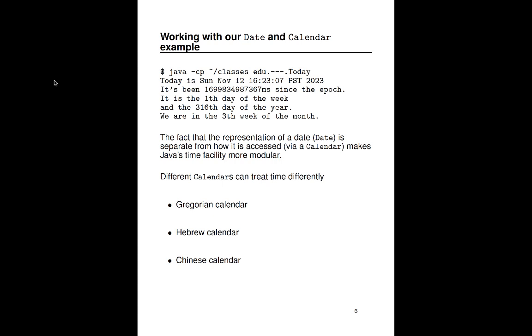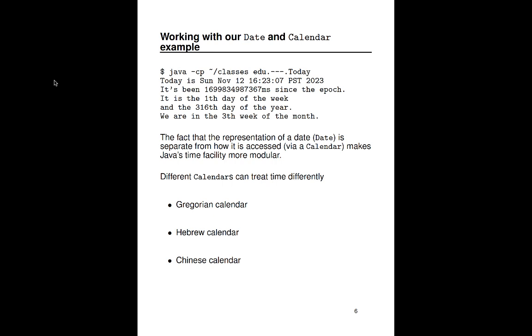Beyond providing you the ability to get information about a date, there's an important pattern in object-oriented programming which is on display here. So we have separated out the representation of a date, as that Date object, from how it is accessed. And this makes the time facility more modular and gives you a lot more options for customizing how you work with dates based on the preferences of your user.